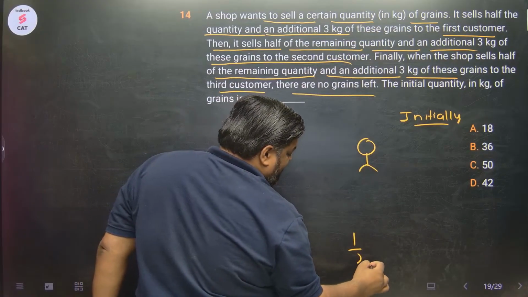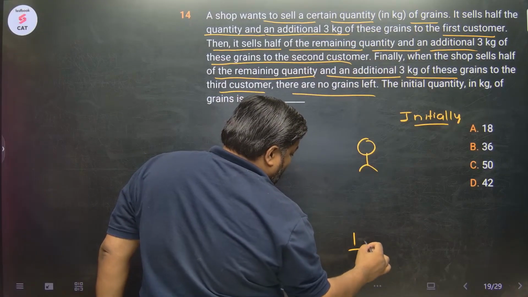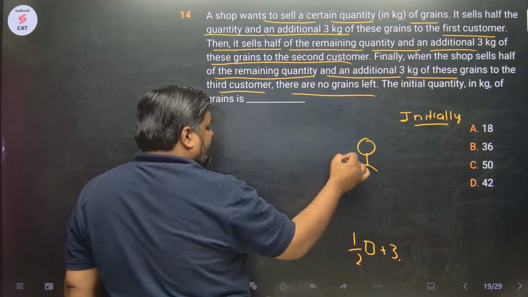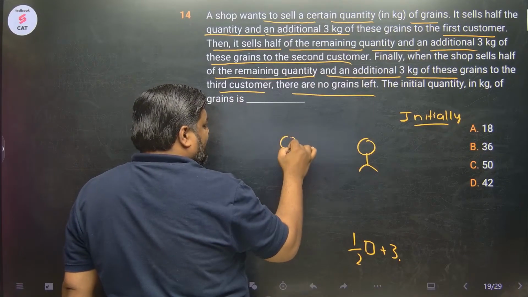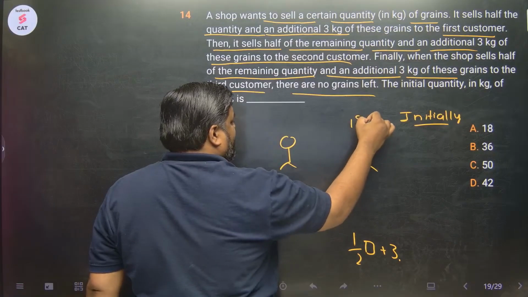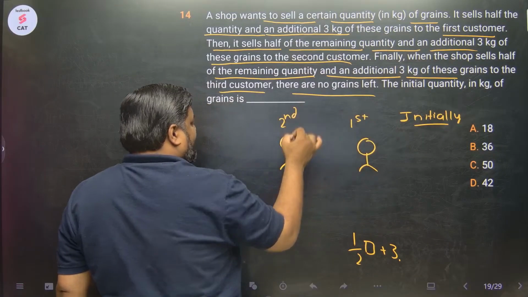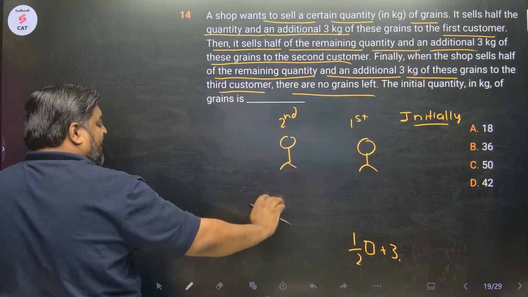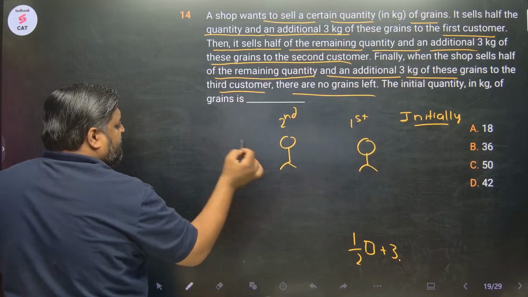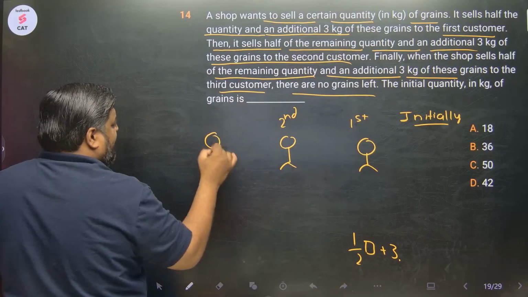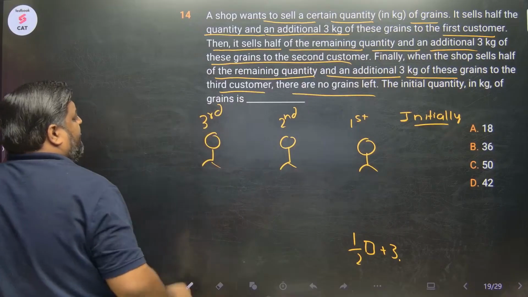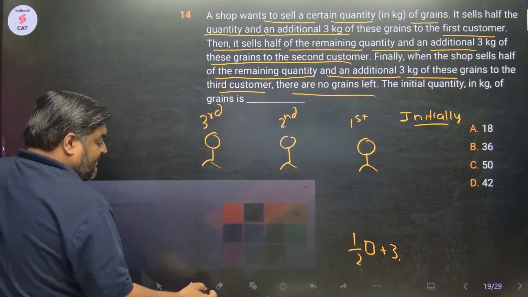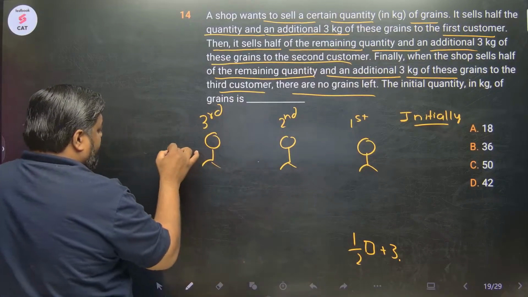Similarly उसके बाद कुछ बचा उसके पास, again second customer, he did the same thing here. जो बचा उसका हाफ बेच दिया, gave 3 kgs more, he was left with something, he did the same thing with the third customer, and finally after doing this he was left with nothing, he was left with 0.